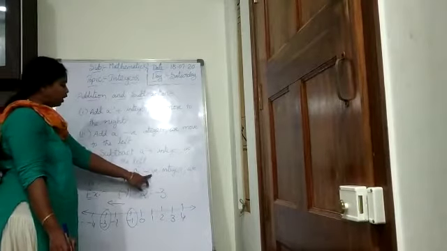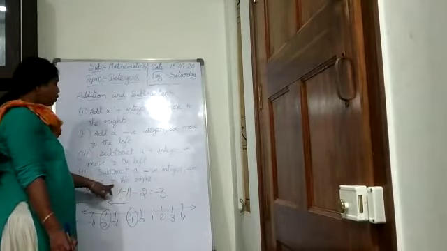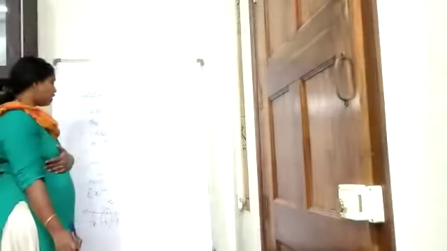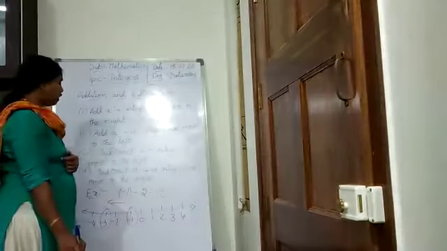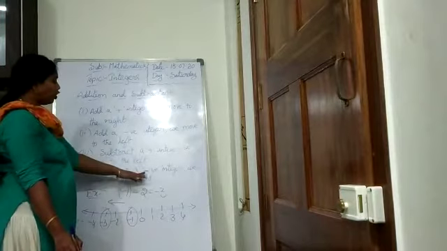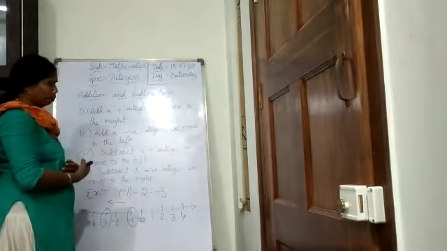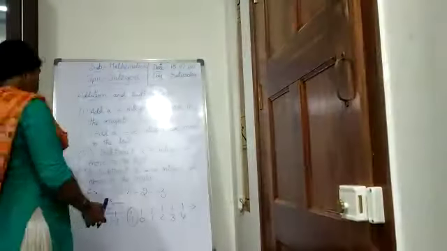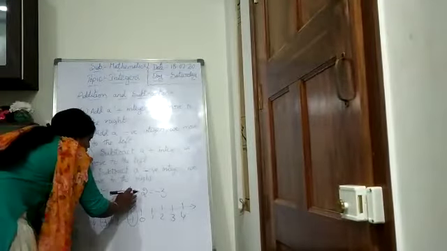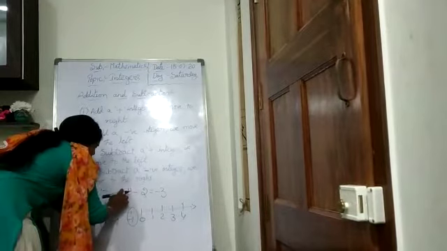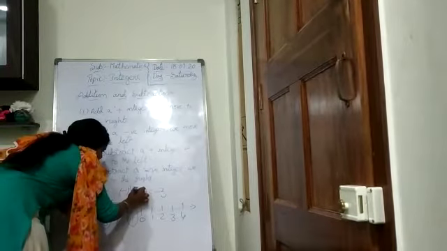Now the fourth point. Subtract a negative integer, we move to the right side. For example, instead of a positive integer, we are subtracting a negative integer, we have to move towards the right side of the number line. See, for example, here I am taking minus 1, here I am taking minus 2.